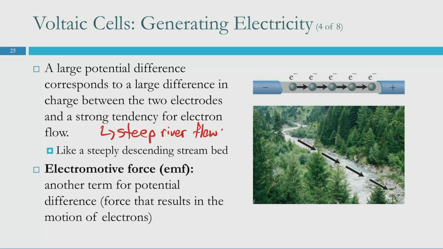So a steep river flows rapidly, and that's sort of what a large potential energy difference is. So if we have a lot of volts, we're going to have a very rapid flow rate, or we'd expect to have a very rapid flow rate, or very easily flowing rate. The physics part of this is a little confusing. It's been a long time since I've taken physics, so that's fun.